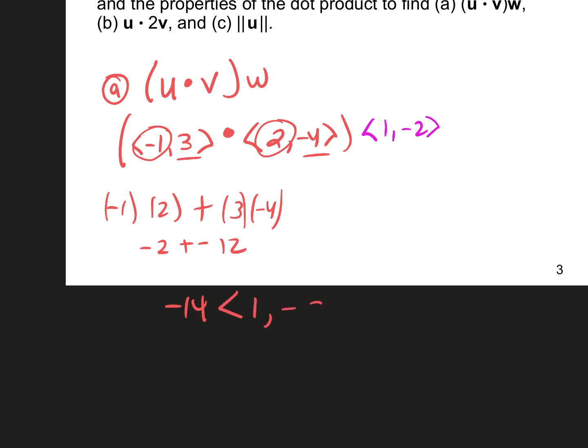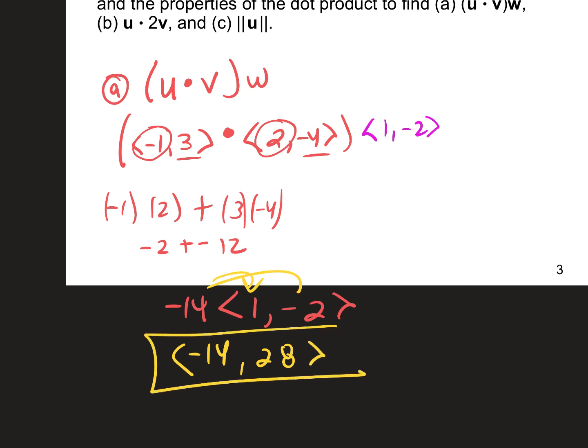I'm distributing into vector W. So I say -14 times 1 is -14, and -14 times -2 is 28. And there is your answer. That's the dot product of UV times vector W. Remember, dot product is going to give you a singular number, not a vector.